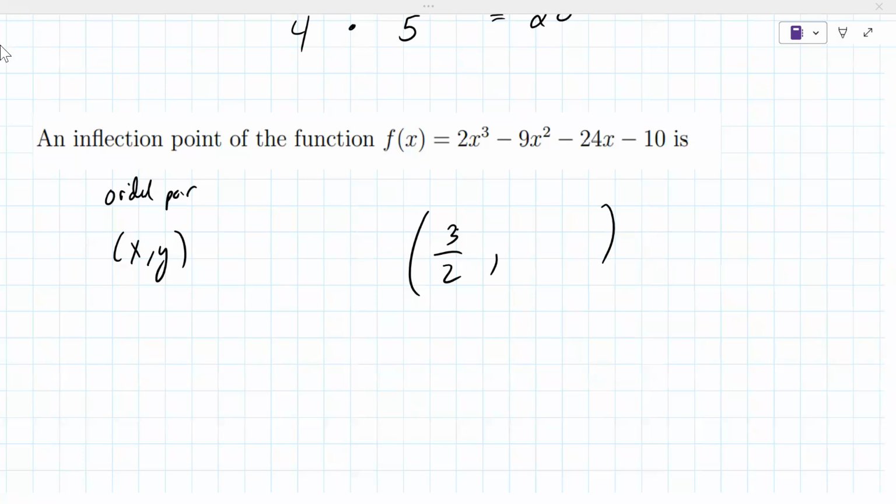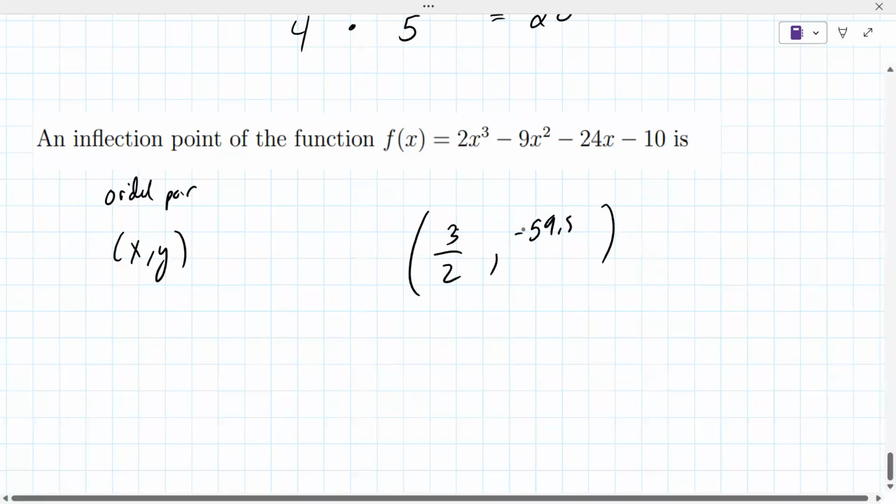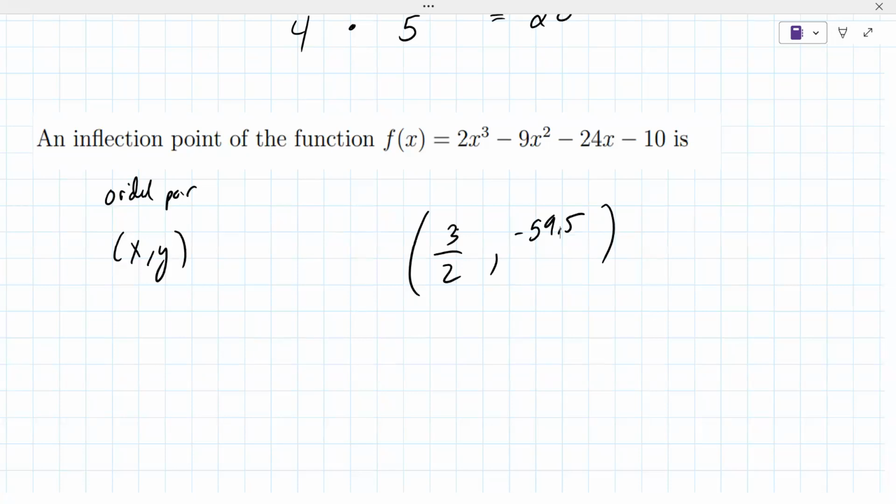So I'm getting negative 59.5. Does that sound right? It's reasonable.